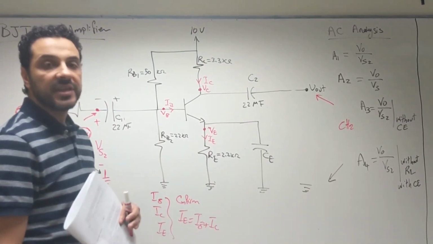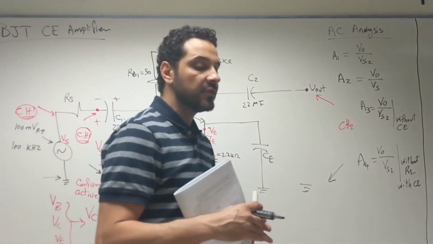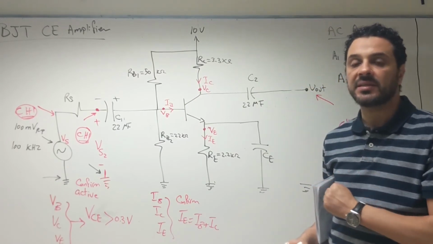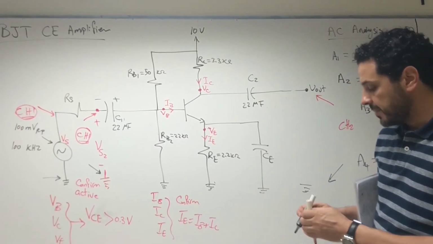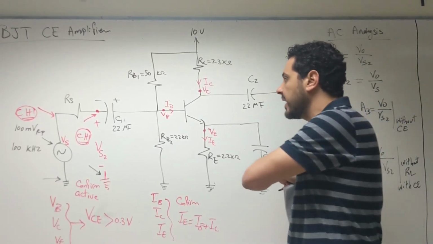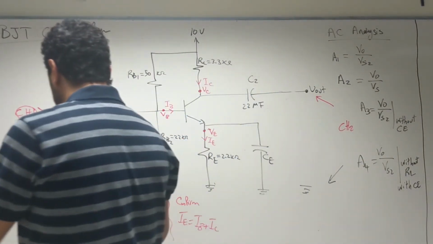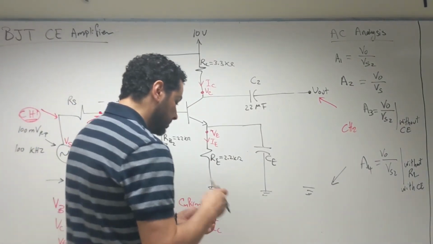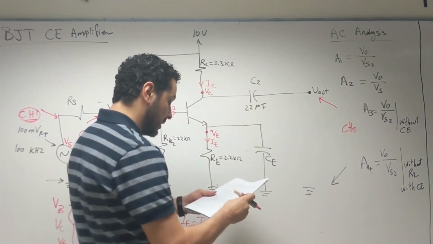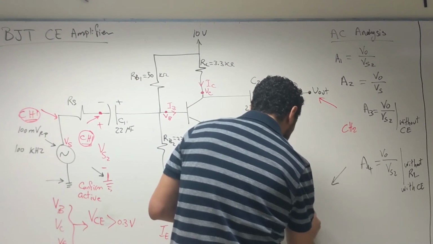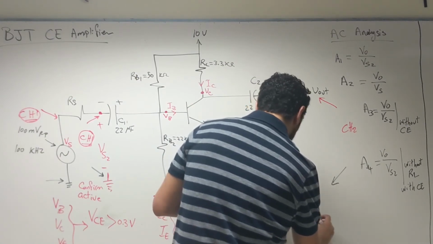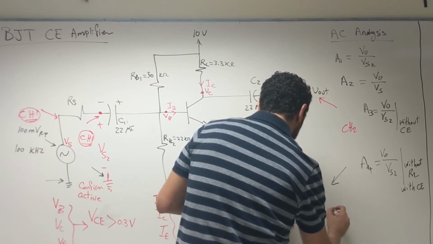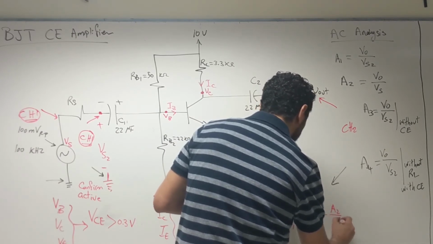Now, once we have these four gains, we can use these four gains in order to calculate the value of the input impedance and the output impedance of the amplifier. How to do that? We can do that using these two simple equations. So we have an equation that says that R input over R input plus RS equals the gain A2 over A1.